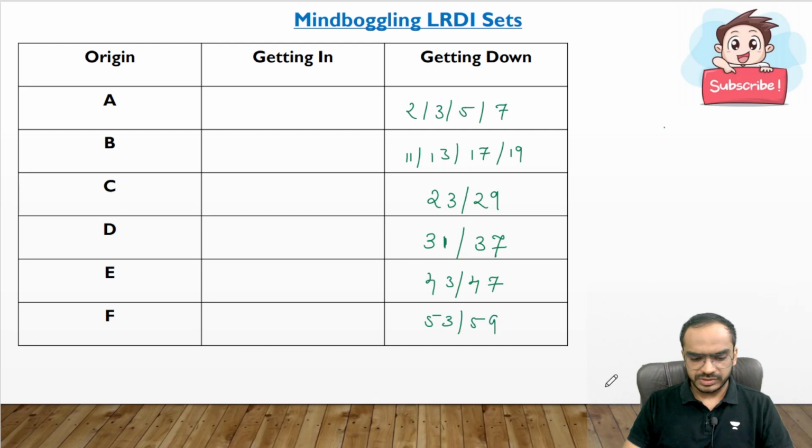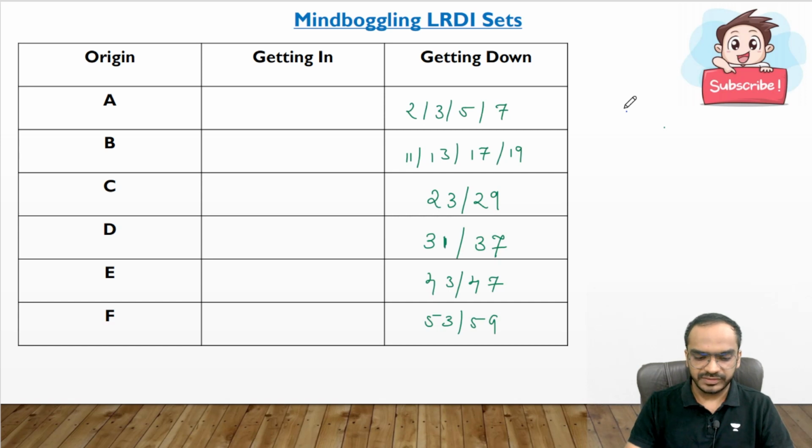These are the possibilities for getting the prime numbers. Clear with this? Yes or no? These are the prime numbers that we can get.